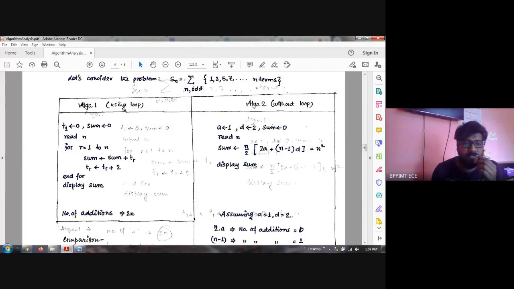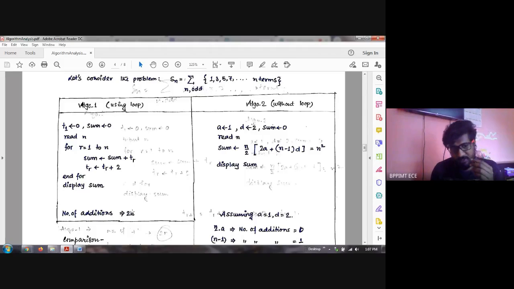For r equal to 1 to n, how many times will the for loop be executed? n number of times, from 1 to n. And in each iteration of the for loop we will have two additions, sum plus tr and tr plus 2. So the number of additions equals 2 into the number of executions of the for loop, which is n.